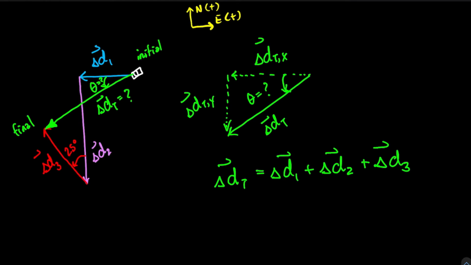And because vectors have 2 dimensions, we can break this down into its components. We can find the sum along the x, and we can find the sum along the y. So we can rewrite this along the components.